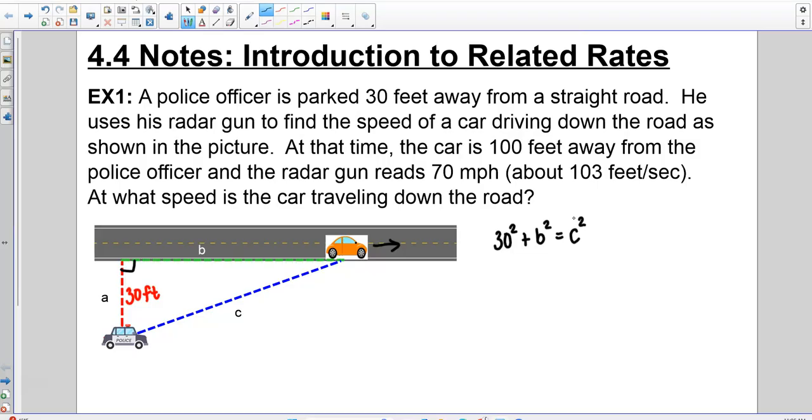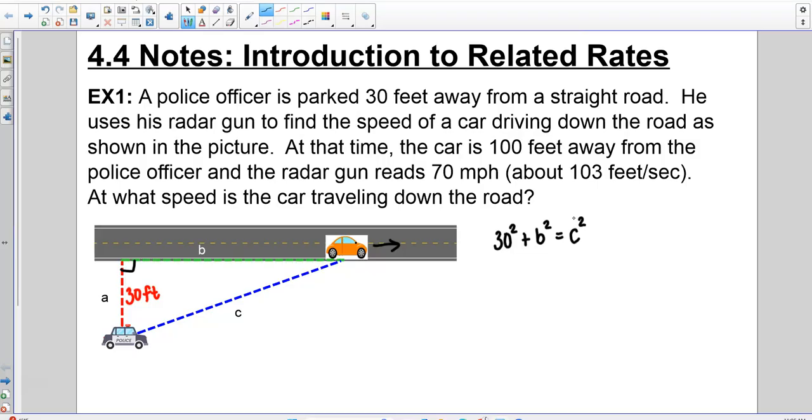Okay, so if I take a derivative of this equation, in this case what I want to do is take the derivative with respect to time. Time is not a variable in this equation, right?